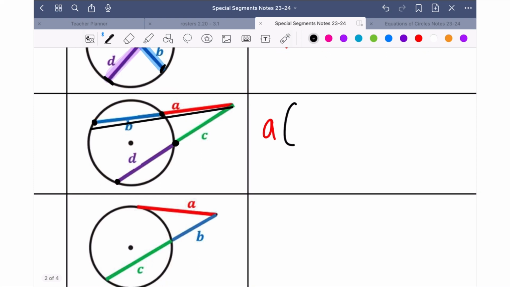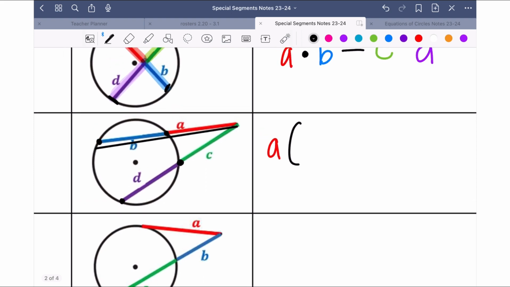If you're doing the whole segment, A to B, then we would have to take A and add the length of B to get the whole segment. So the outside part times the whole segment, which is A and B together, which together means add.